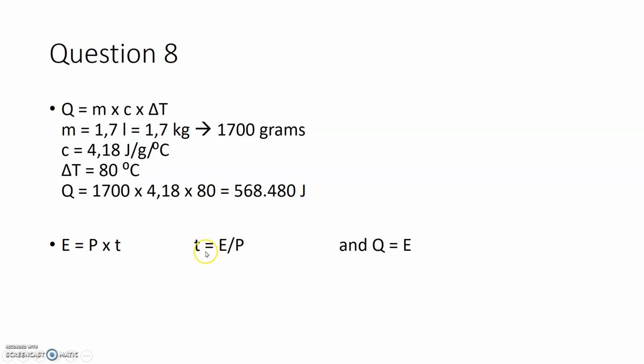Only you don't know the energy. Well, actually, you do know, because in this case, Q equals E. So your answer from this first step, you can fill in the next formula. The power is also given. It's 2,200 watts. So the time it takes is your answer from this step divided by 2,200. And then you get 258 seconds.